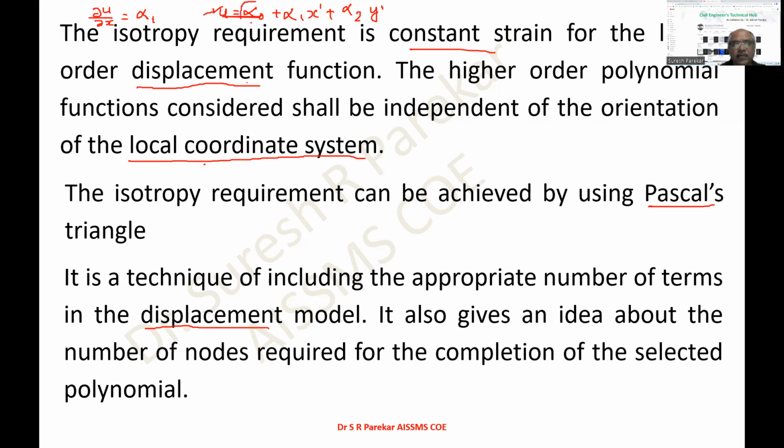How many terms we have to include will be decided by using your Pascal's triangle. It also gives an idea about the number of nodes, and whatever number of terms in the equation of displacement is required for the completion of the selected polynomial.